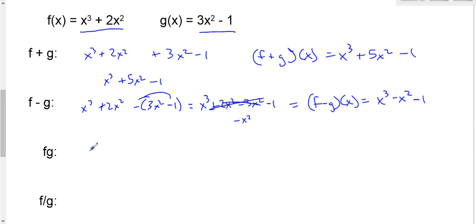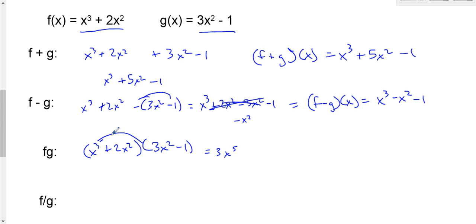F times g, we will take x cubed plus 2x squared in parentheses times the 3x squared minus 1. We will FOIL. We'll take x cubed times 3x squared, which is going to be 3x to the 5th. X cubed times negative 1 is negative 1x to the 3rd. 2x squared times 3x squared is going to be 6x to the 4th.